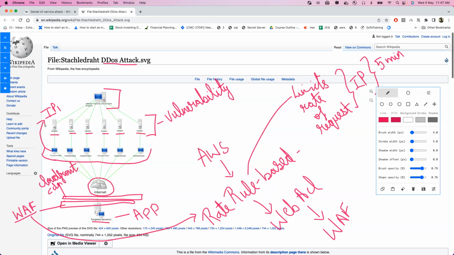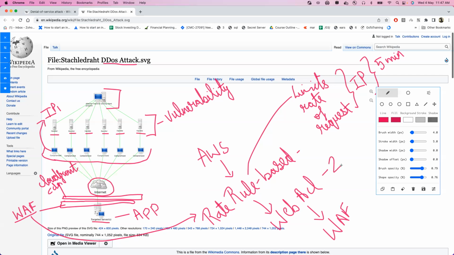AWS WAF tracks and manages web requests separately for each instance of the rule that you use. For example, suppose you have the same rate-based rule settings for two different web ACLs.